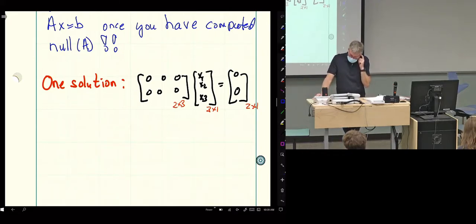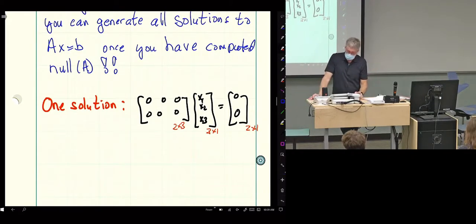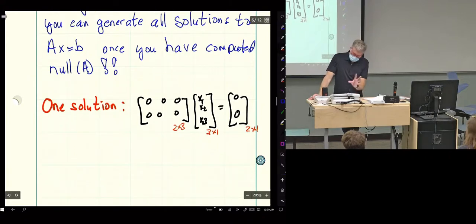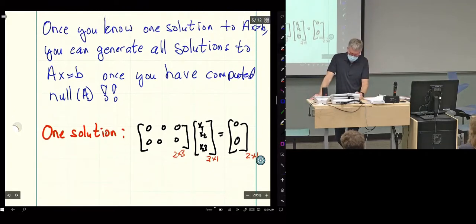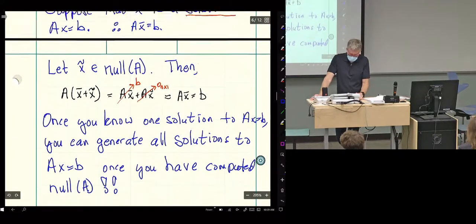So the null space would be all of R3 in this case. So when we have AX equals B, we certainly don't have uniqueness of solutions in general. It's only when it's square, the determinant of the matrix should be non-zero, to get uniqueness. So we often have multiple solutions to an equation. And if we have 2, we have an infinity. That's what we're going to see really soon.